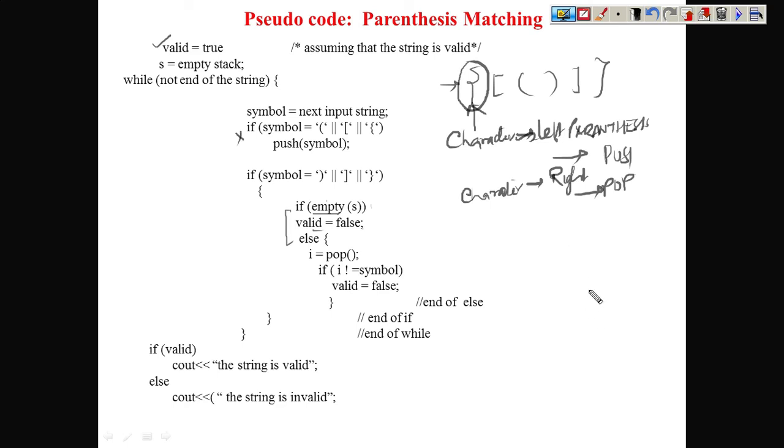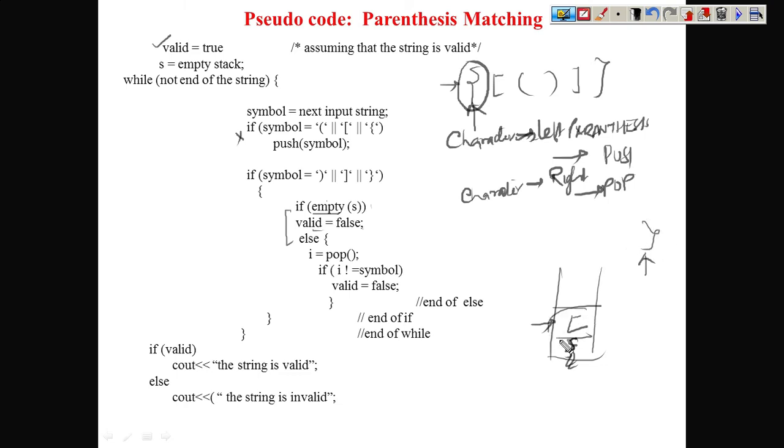Let's say this is your stack and this is a curly brace at the top, and you get an expression which contains a right parenthesis. The moment you reach this condition you need to pop.